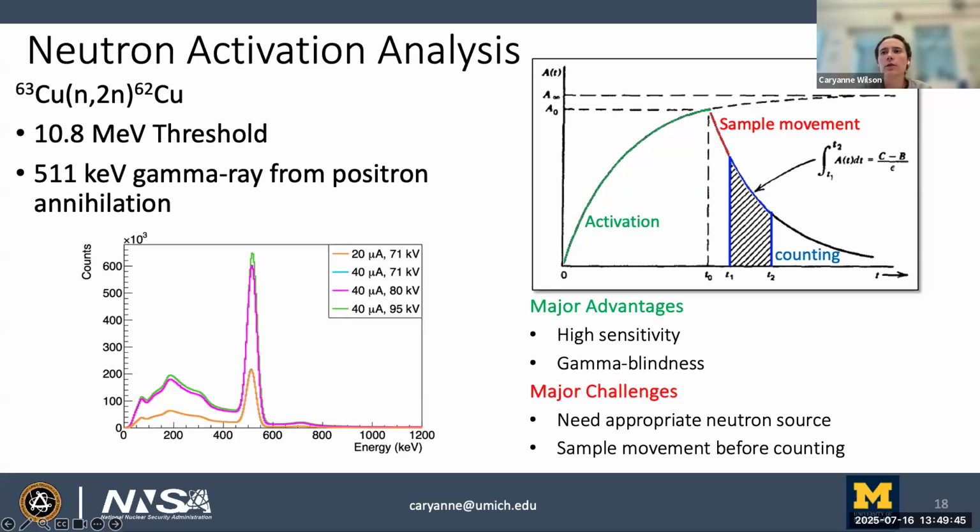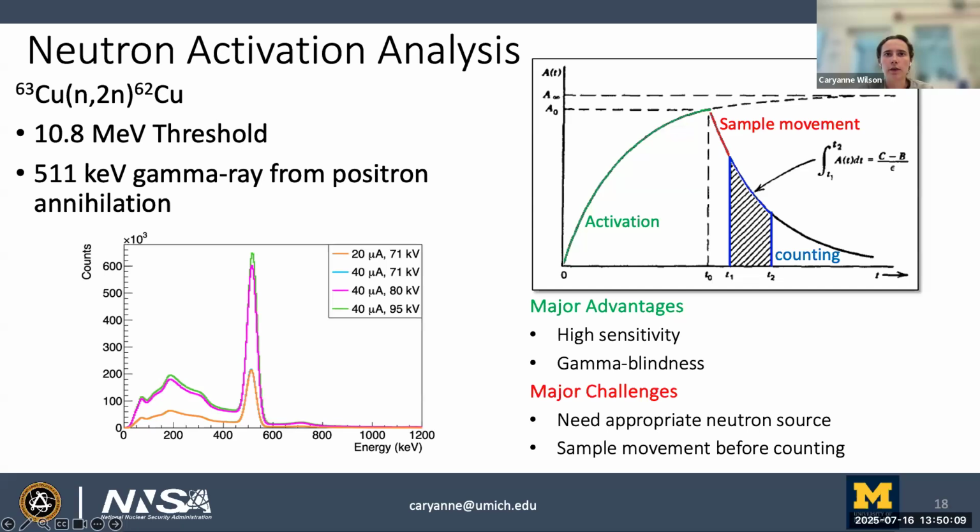It's also used for fusion experiments, and you can use a broad variety of activation foils for that. You can use it in borehole logging to monitor the output of the neutron generator.